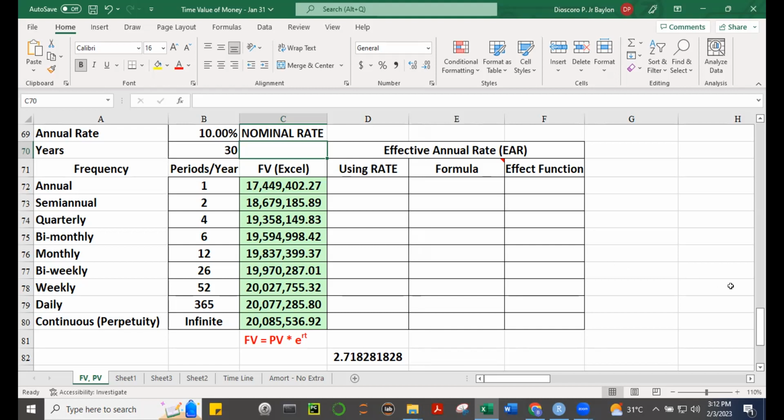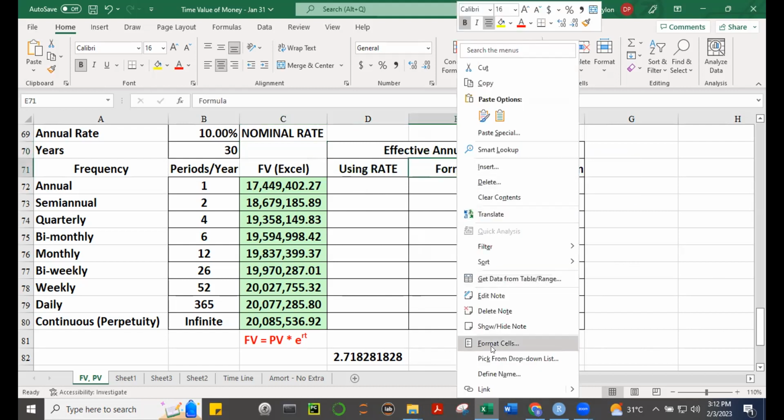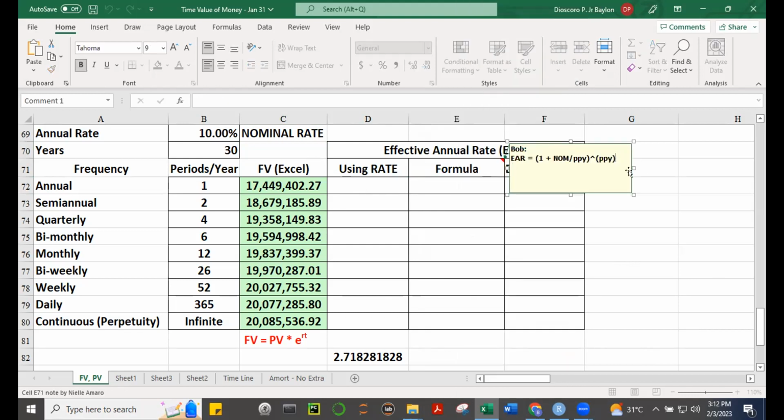Okay, so I'm now going to ask you to come up with the effective rate. Let's first use this formula. If you take a look at this, I gave you here the formula. The effective annual rate is equal to, so I need to edit this because there should be a -1 here. Okay, -1.